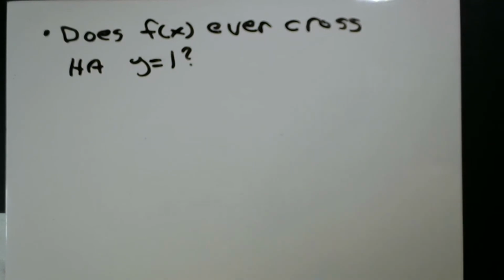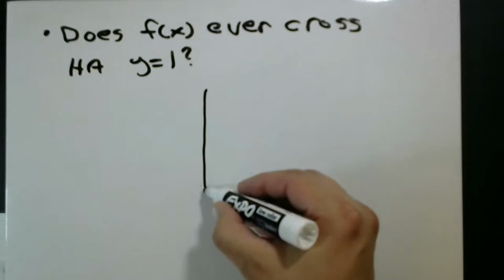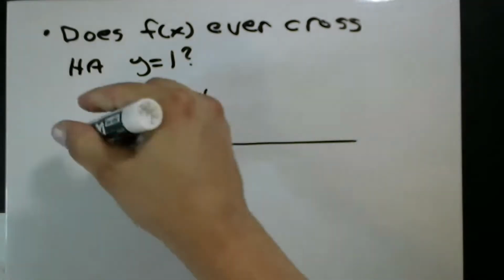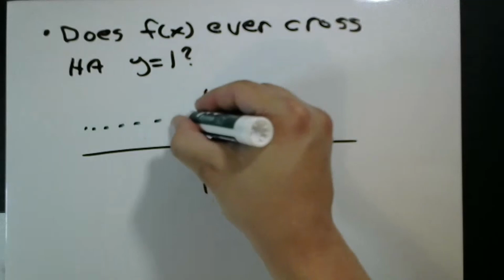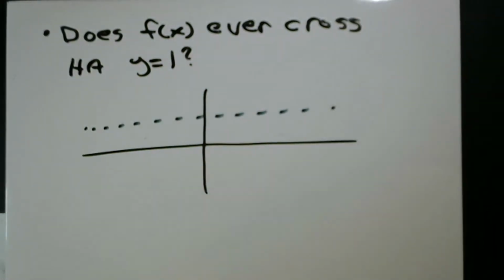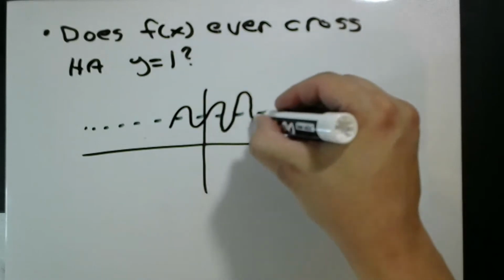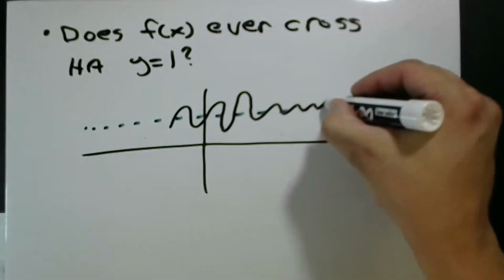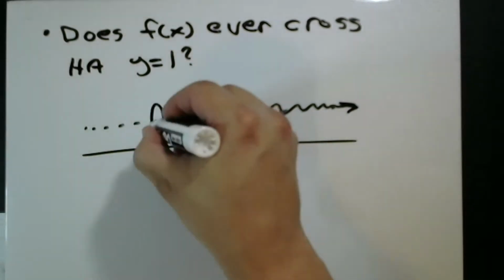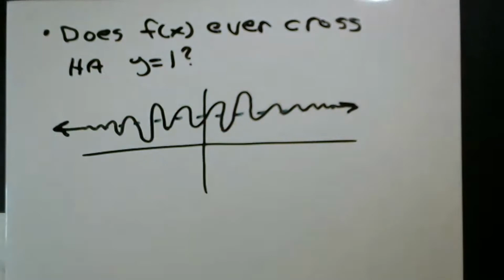What the horizontal asymptote tells you is what's going on. Like, let's say we have our rectangular grid. Say this is the horizontal asymptote. Our function could be doing all kinds of strange things, but then as x goes out to positive infinity, the function settles upon the horizontal asymptote. Same thing as it goes to negative infinity.